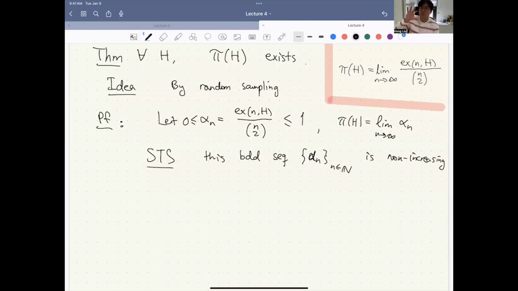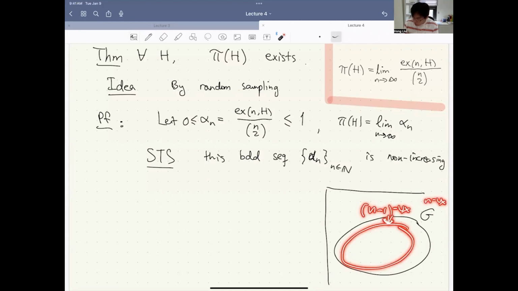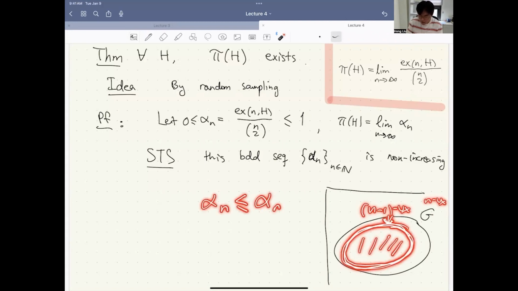Basically, here's the idea. This is your graph G. This graph has n vertices. We're going to average over all n-1 vertex subgraphs. Look at the edge density there. And we can show that this implies alpha n is at most alpha n-1. And that will be enough. If this is true for every n, that means it's a non-increasing sequence, right?